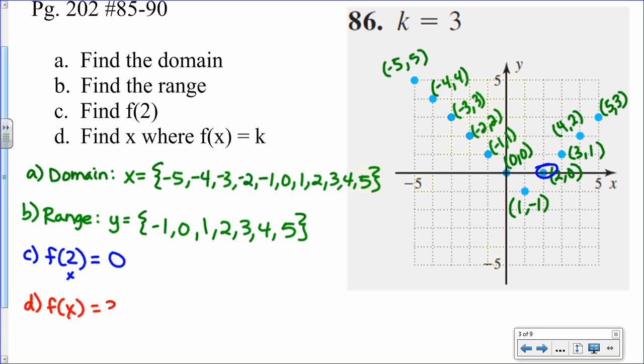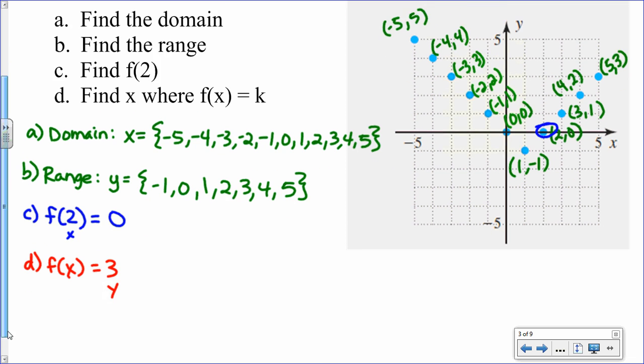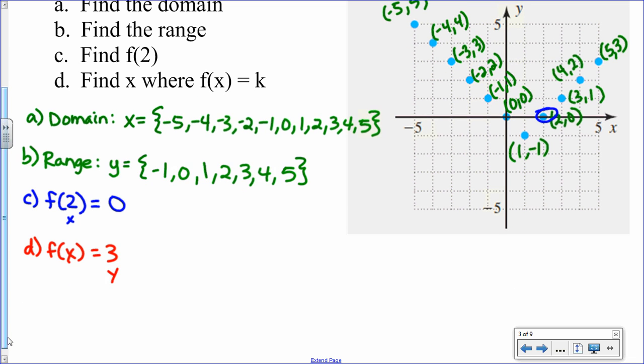Is 3 an x value or y value? 3 is a y value. So I'm finding x where f of x equals k, and this tells me k is 3. I want to find x when y is 3.